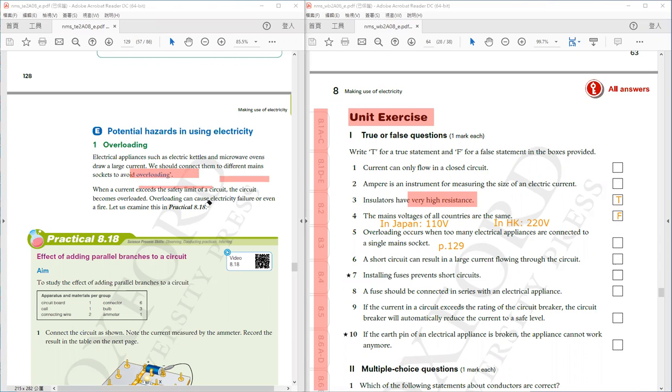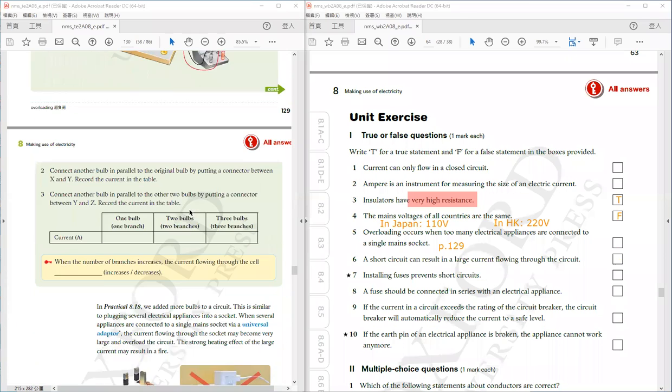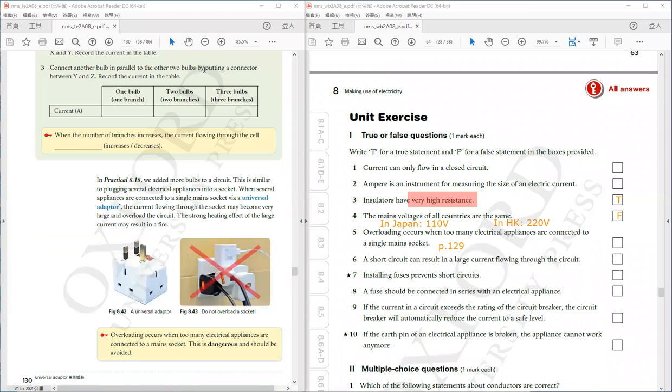When does overloading occur? Overloading occurs when there are too many electrical appliances connected to one main socket. This is dangerous. Therefore, question 5 is true.